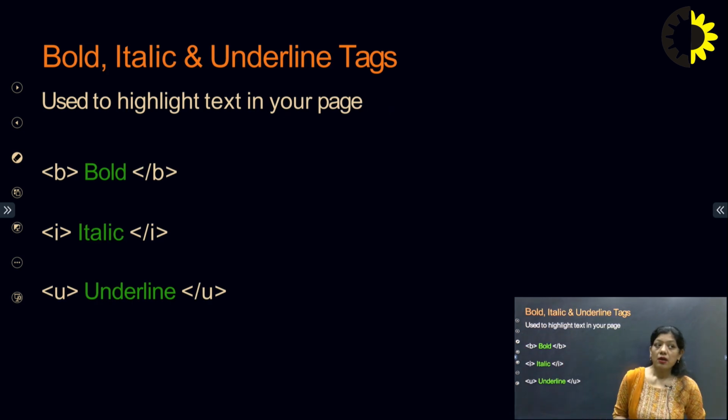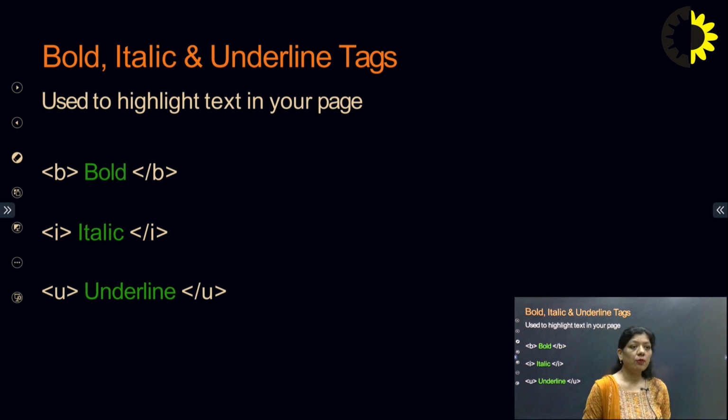Next, bold, italic and underline tag. If we want to create some content in highlighted text in our page in italic form, in underline form, that time we use these kind of tag. For bold tag we use B, opening B and closing B, and in between, if we write anything, that automatically will convert in bold form.